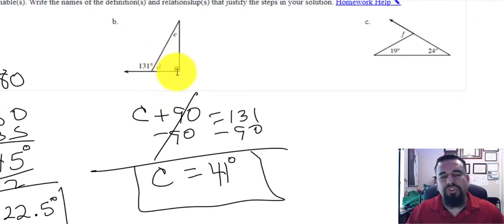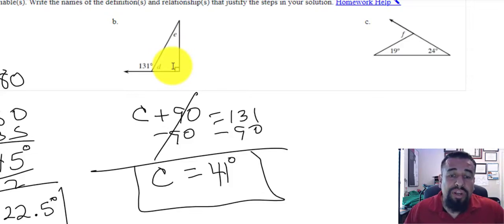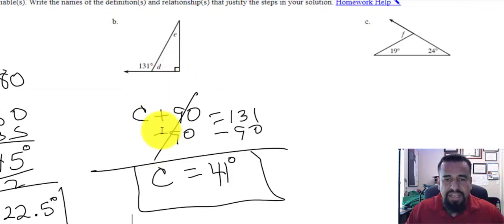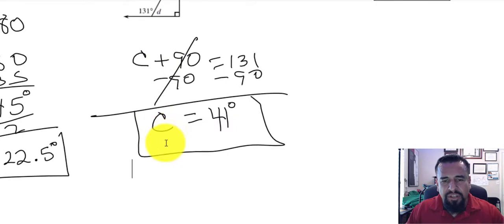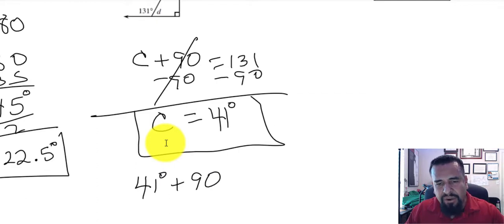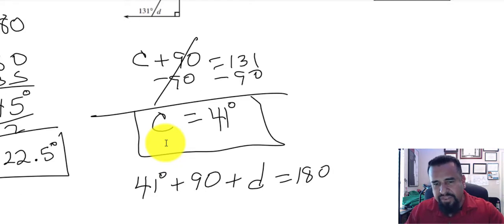The other thing that I told you is that all interior angles must always add up to 180 degrees, right? So therefore, I already have two angles. So I have 41 degrees, and I also have the 90-degree angle, and I have D that I'm solving for, and I know that those have to equal 180 degrees.